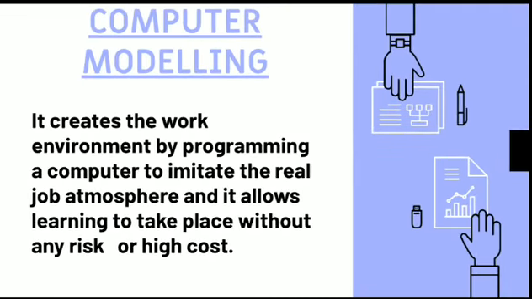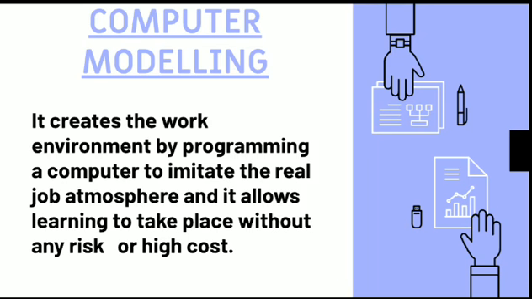Next one is computer modeling. It creates a work environment by programming a computer to imitate the real job atmosphere, and it allows learning to take place without any risk or high cost. It is just software, similar to the workplace.